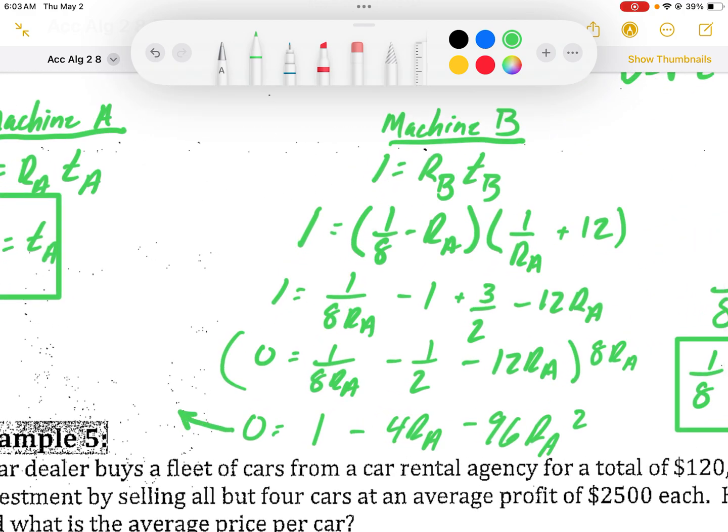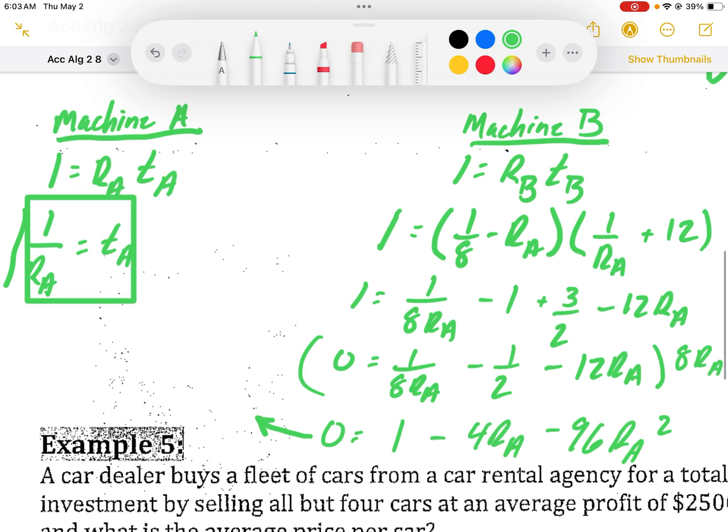Now again, what I'll need to do is make this RA squared positive so that my life's a little bit easier. So I'm going to go ahead and use this space over here. It's going to give me 96 RA squared plus 4 RA minus 1 equals 0.